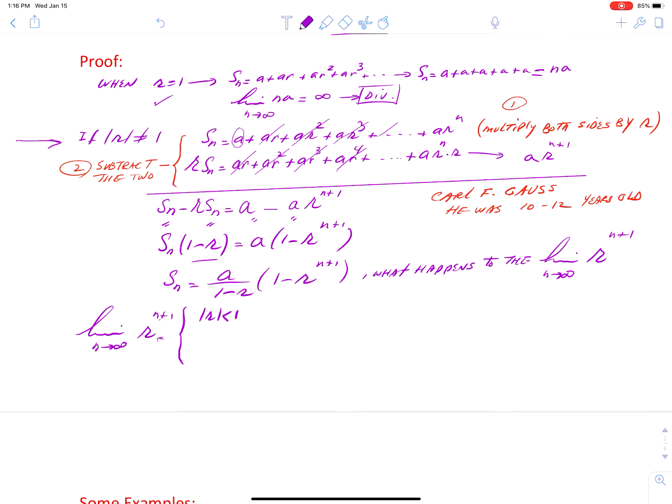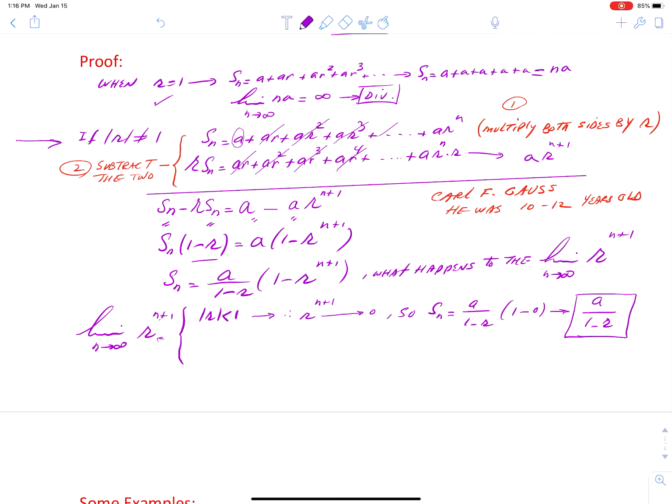Therefore, r raised to n plus 1 eventually goes to 0. So S of n becomes a over 1 minus r, or 1 minus 0, or a over 1 minus r. So that's where that formula came from.